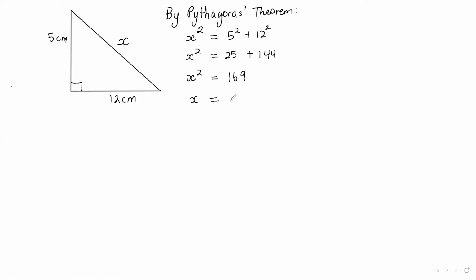The square root of 169, which is 13. Which is 13, right? So x is the square root of 169, which is 13. You'll see how I write out my solution step by step, not leaving out any lines. All my equal signs are under each other. That's how you need to write your solution, okay?